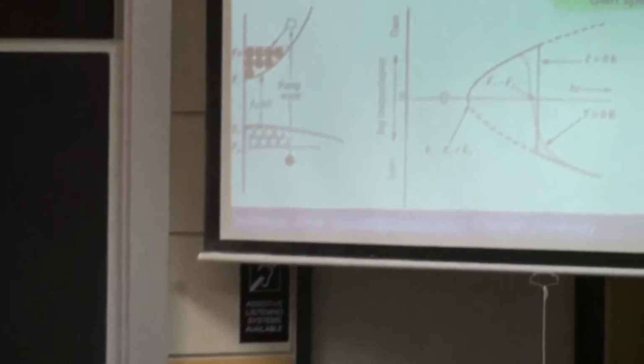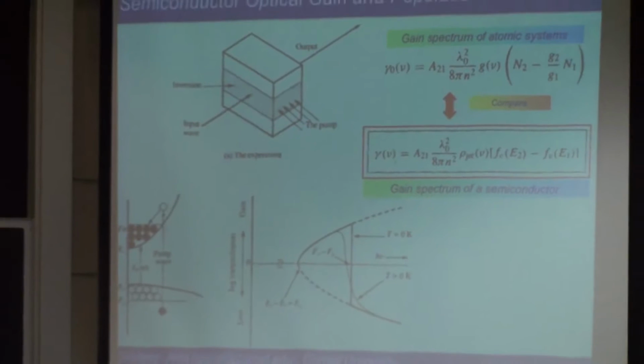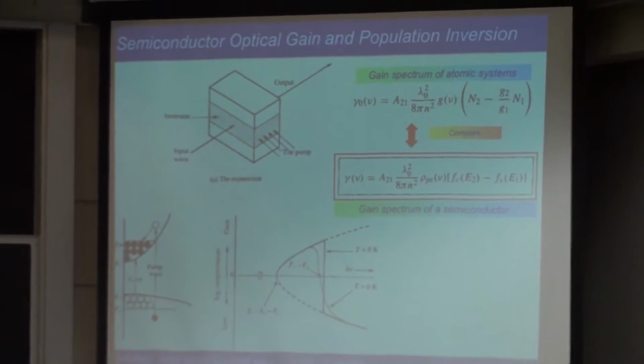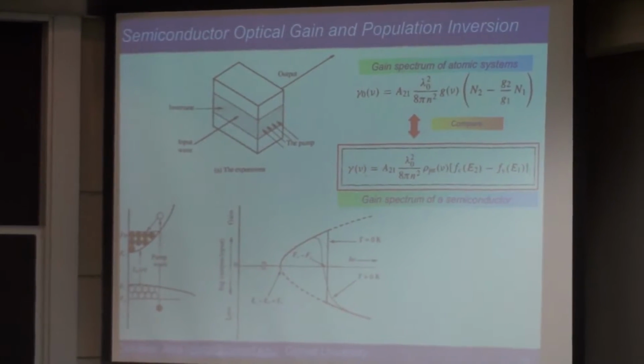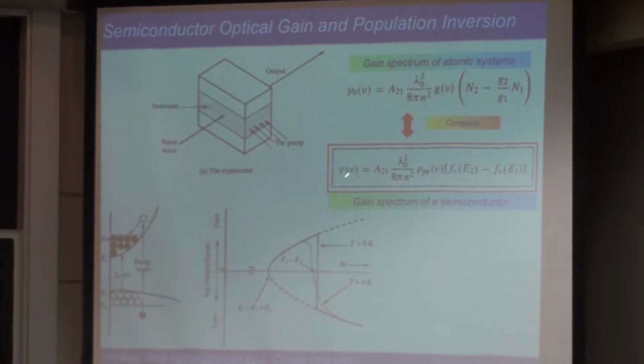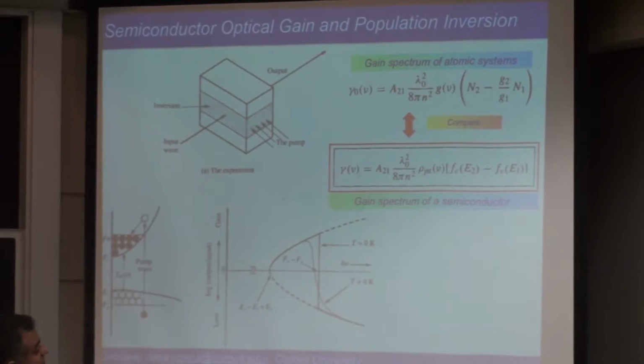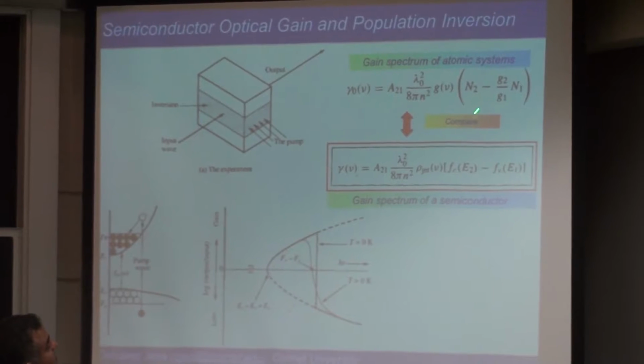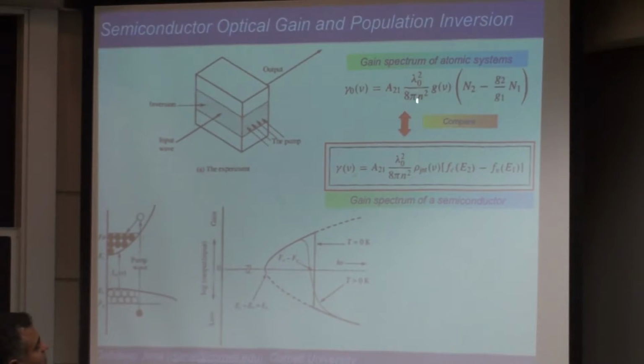So we've started discussing semiconductor lasers, and one of the things I mentioned in the class on Wednesday was that we're going to find the gain spectrum of a semiconductor laser, and we'll find that it's actually very similar to what we have seen already for atomic systems.